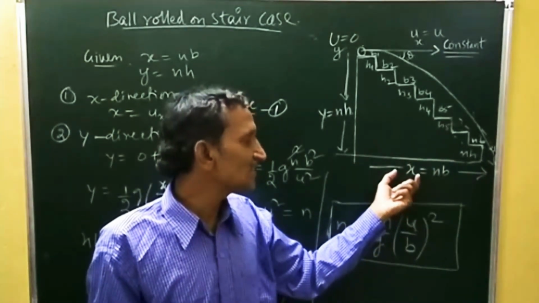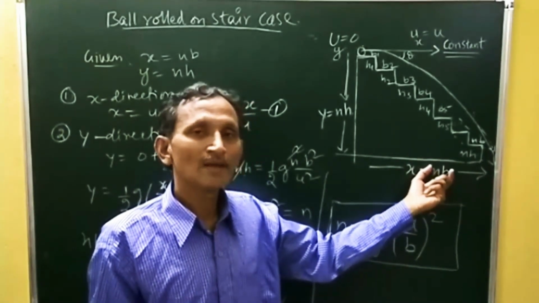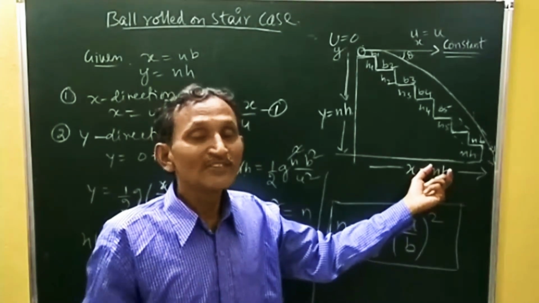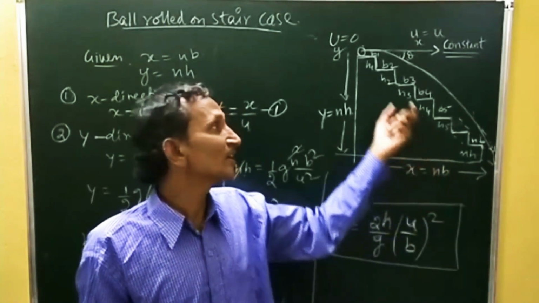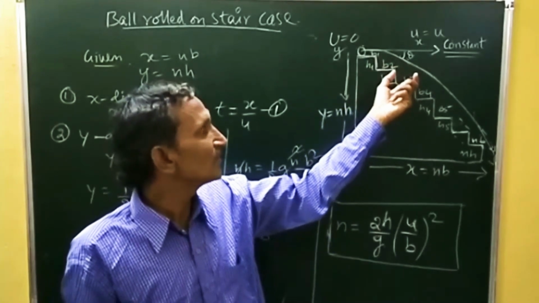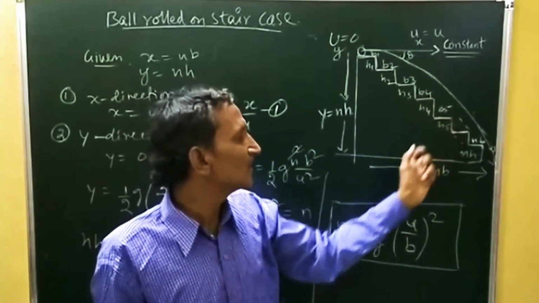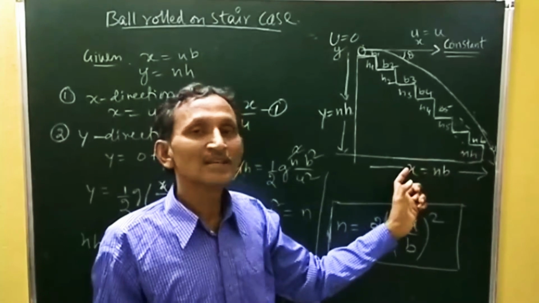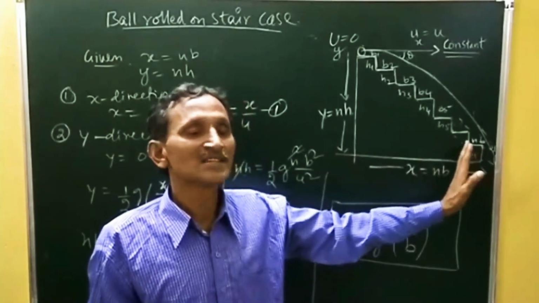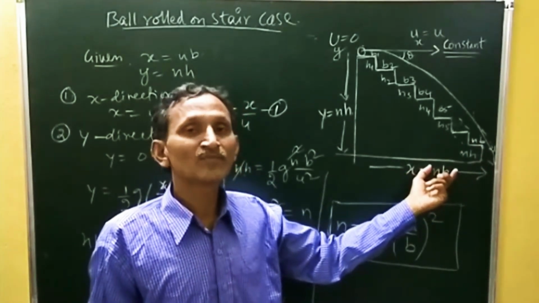The horizontal range is equal to n times b, n times the width area. Starting from the first width area, second, third, fourth, up to n, x, the horizontal distance, is n times the width area.